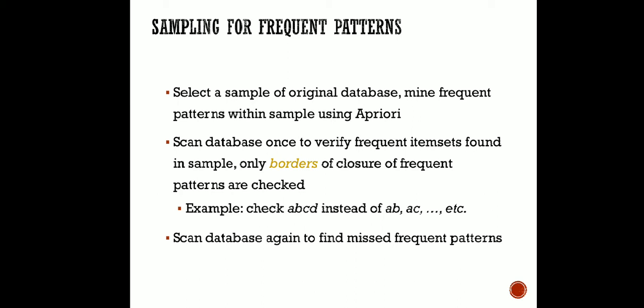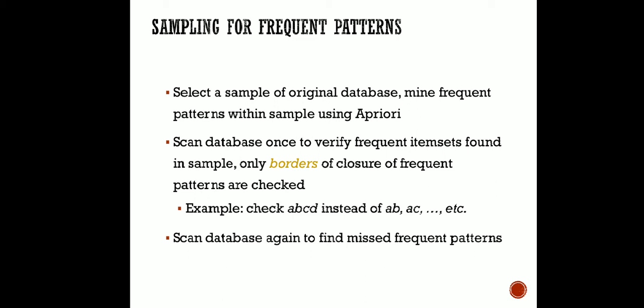Now what is the meaning of doing it like this? In this case we can check the borders and come up with the original values. If we had performed Apriori from the beginning, we would have to scan two-length item sets first, then three-length, then four-length, in this fashion.